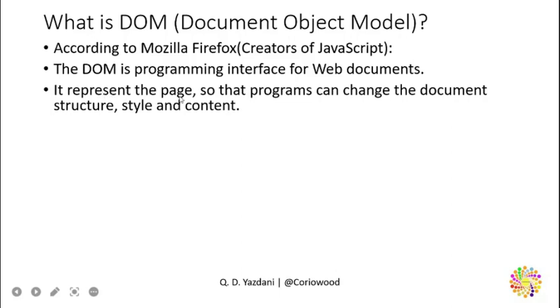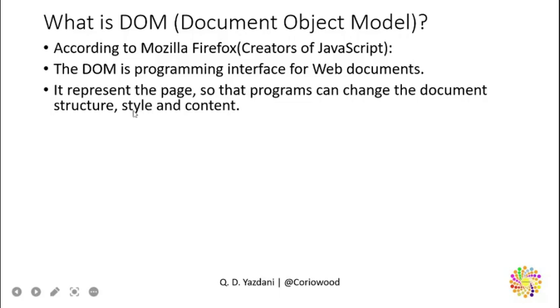It represents the page, so that programs can change the document structure, style, and contents. If you're familiar with HTML, because you're watching this because you already know HTML, you guys know how the HTML is structured, how the headers are, and how the footers, or how the main contents of the HTML is. This is a DOM.